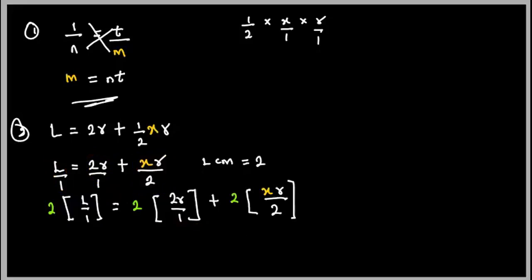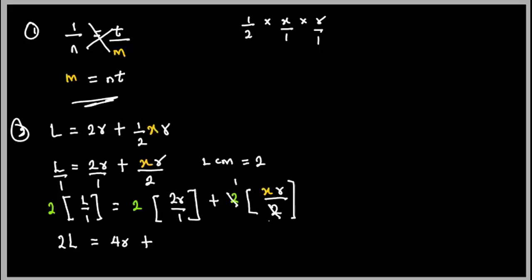Now what's next? Let's now divide and multiply. L divided by 1 is L, 2 times L gives us 2L, equals to 2R divided by 1 is 2R, 2R times 2 is 4R, plus, I think we can divide here. Yes, 2 down here can cancel 2 up here.